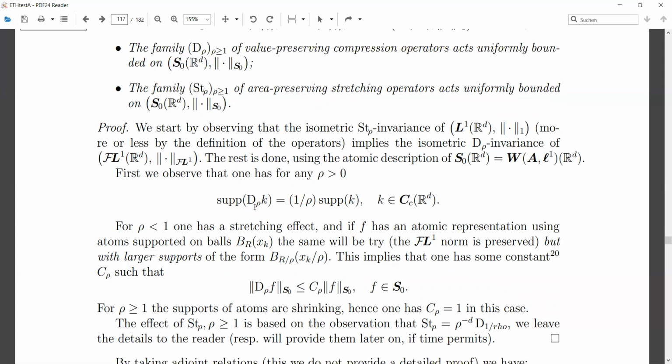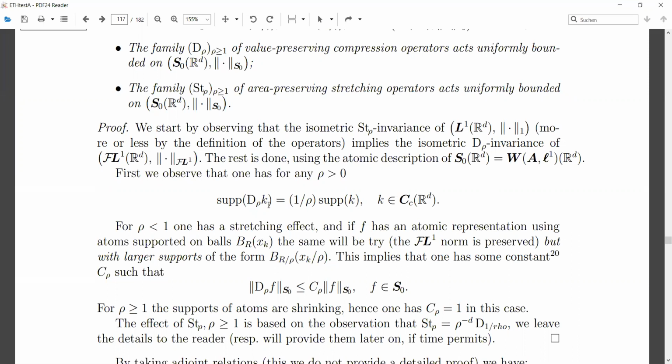We also recall that if you take rho large, then it means that the support will shrink. So whereas small rho has a stretching effect, we are now talking about the situation rho larger or equal than 1. So if we start with the atomic representation of an element of S0, it's a sum of little things concentrated on balls of radius capital R with some centers.